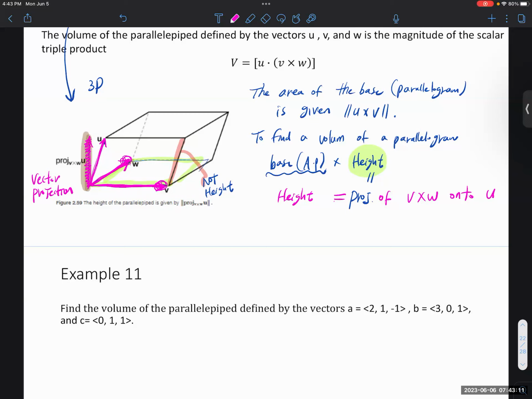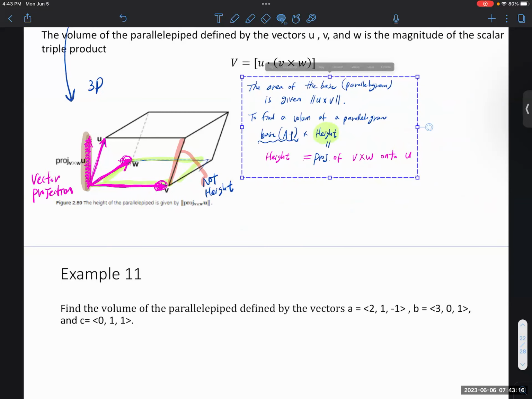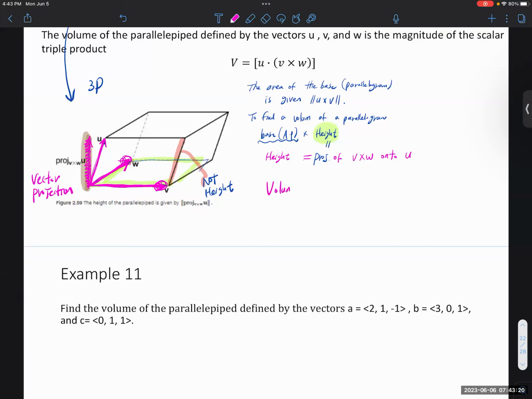So basically we know how to find out the projection vector. Let me just minimize this one a little bit. So basically, the volume of the parallelogram is going to be the length of the height times the length of the base, the area of the parallelogram.